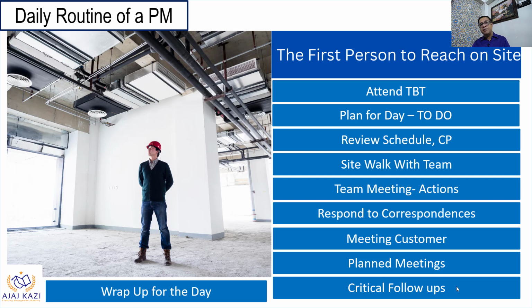If there are planned meetings, he attends them, and finally at the end of the day he starts following up the critical activity, because he has to make sure that a critical part doesn't get impacted, right? And when he goes out, he gets a wrap-up from the teams so that he is aware of what has happened over the period of the day, and this should be the daily routine of a PM.